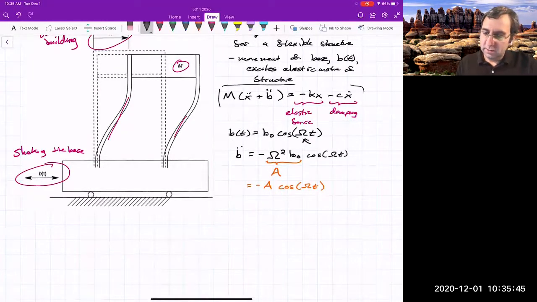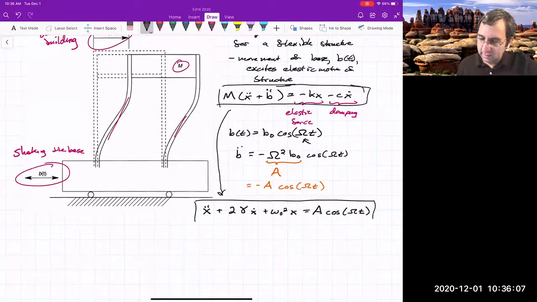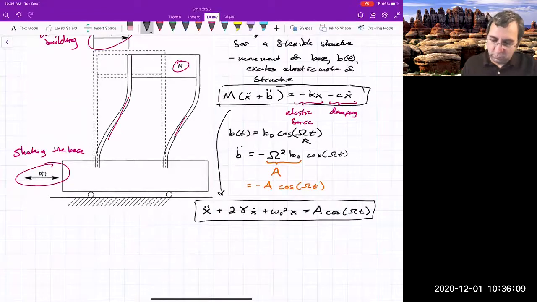This equation, we can rewrite it: x double dot plus 2 gamma x dot plus omega naught squared x equals a cosine omega t, where omega naught is the natural frequency.